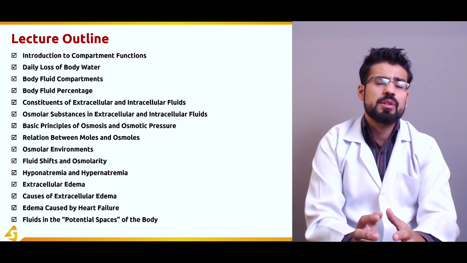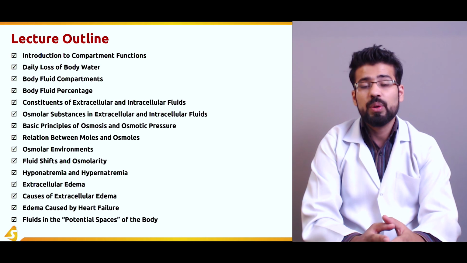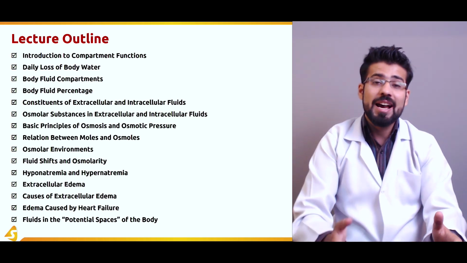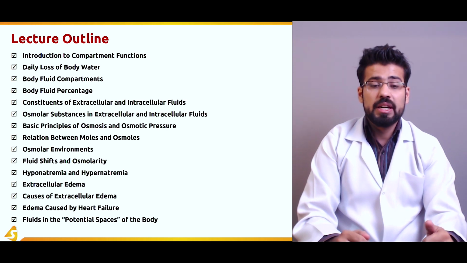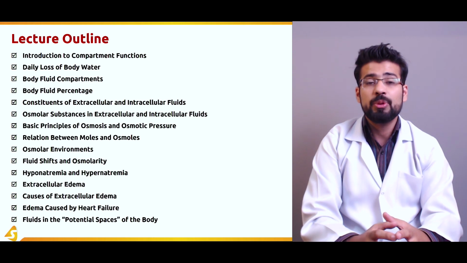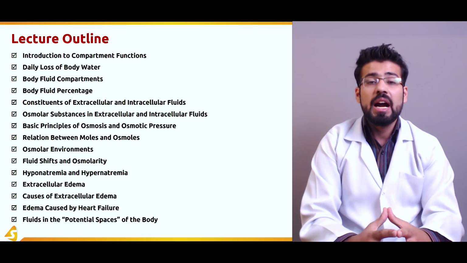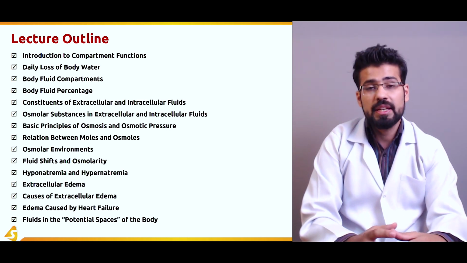We discussed the conditions under which there is a fluid shift, and the conditions that give rise to hypernatremia and hyponatremia. We discussed the causes of extracellular edema and the edema caused by heart failure. Finally, we discussed the potential spaces in the body in which edema can occur by the accumulation of fluids.